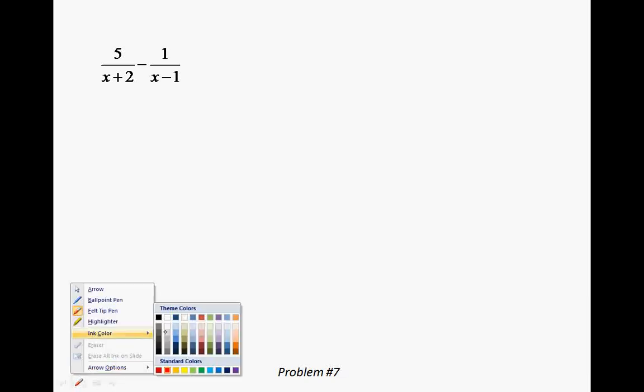The least common denominator of this problem: my denominators are x plus 2 and x minus 1, then the LCD is just going to be the product of the two. So x plus 2 times x minus 1.